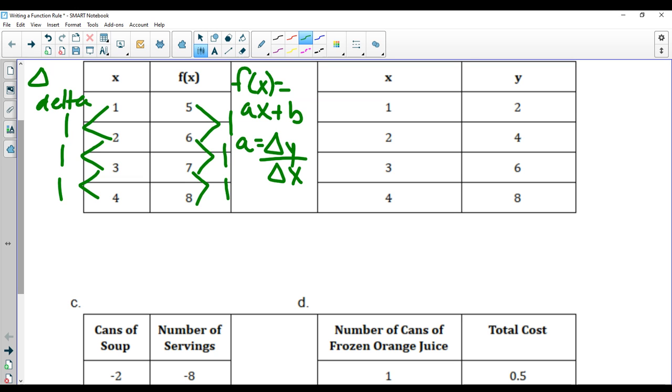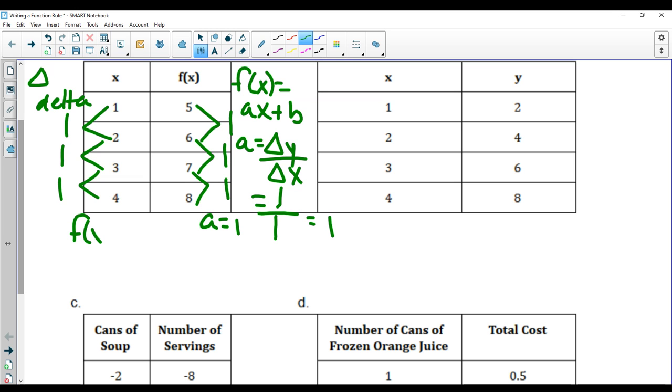Okay, so we read this as the change in y over the change in x. Okay, and by change I mean what's your constant pattern. All right. So the y's are always on top. So what was our change all the time? It was 1. Our changes in x were always 1. So then this equals 1. So we've got a equals 1 for this problem.